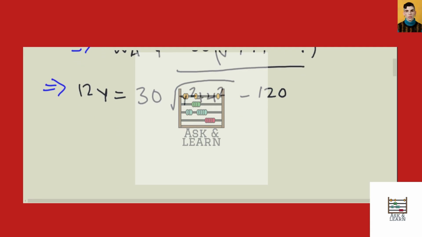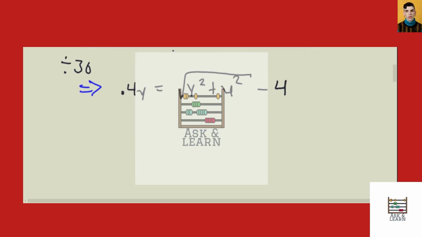Okay, now divide the whole thing by 30. So we have 0.4y is equal to, this stays the same, well, the 30 gets taken away, 4 squared square root minus, and then this becomes just 4. So now let's move that 4 to the other side, and then take the square of both sides to get rid of that square root.